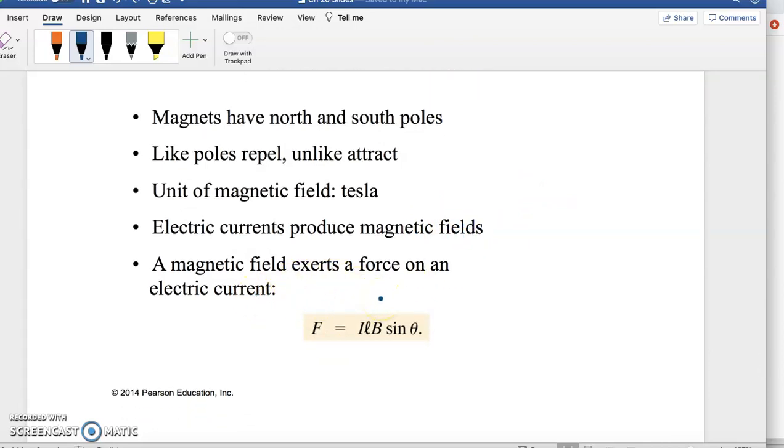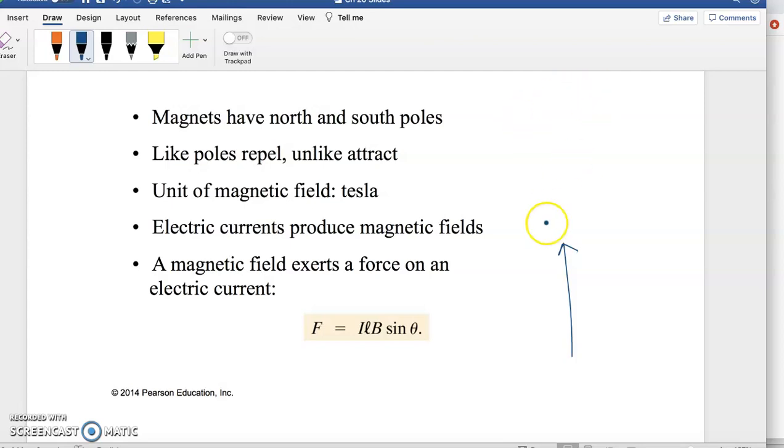Also, as we explained, if we have a current passing through a wire, simple, there is a current and it's passing through a wire.